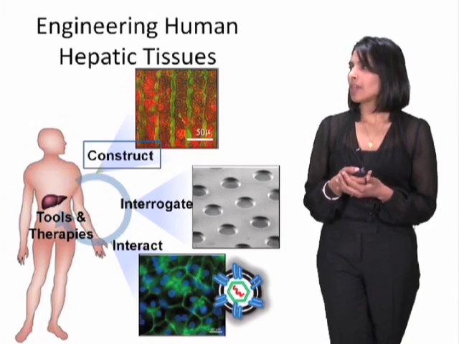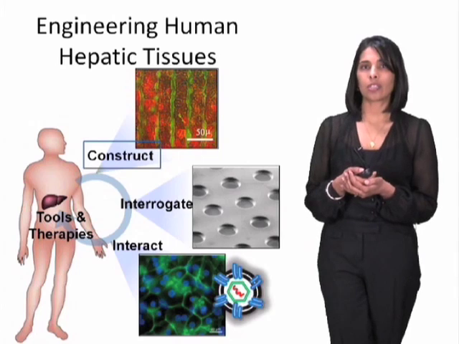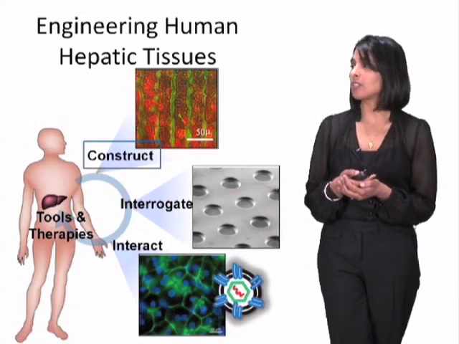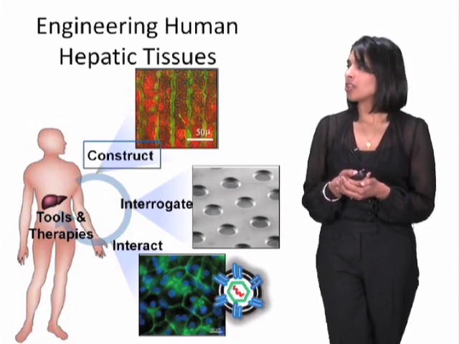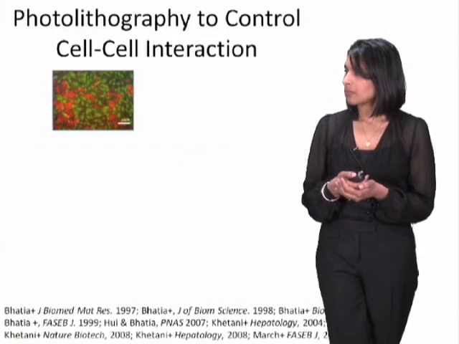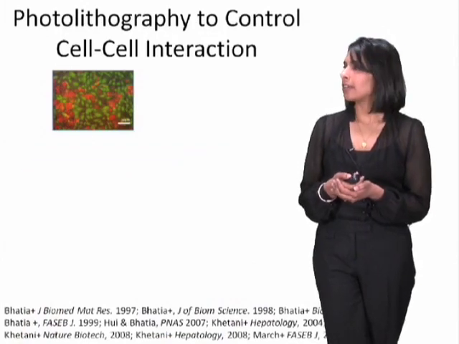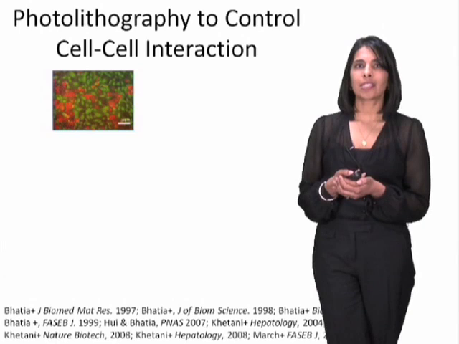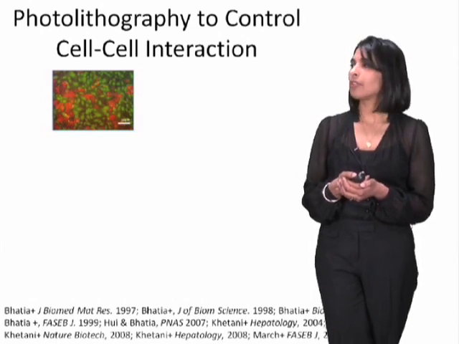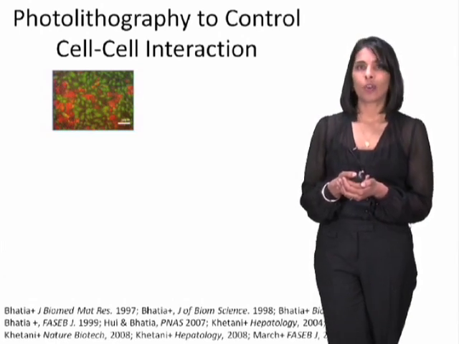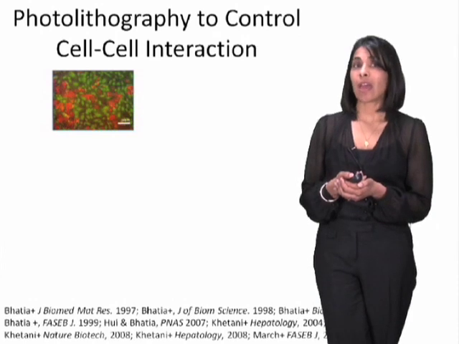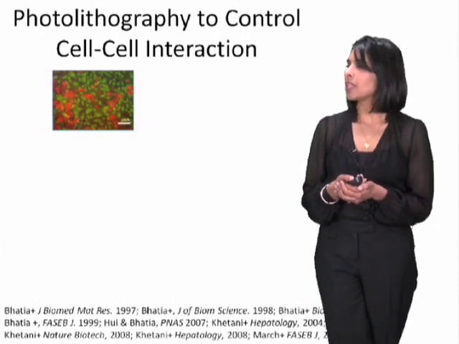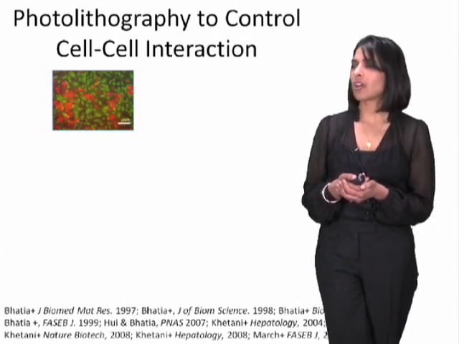So I'm going to start by telling you how we're interested in exploiting these tiny technologies for constructing engineered liver tissues. The first step is how we adapted that same process I mentioned earlier, photolithography, where normally one patterns metals on silicon, here to pattern cells on glass.